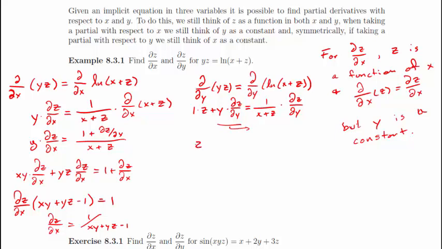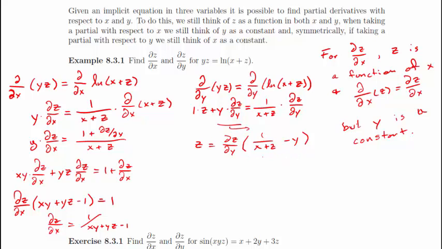So that I get z equals the partial of z with respect to y times 1 over x plus z minus y.